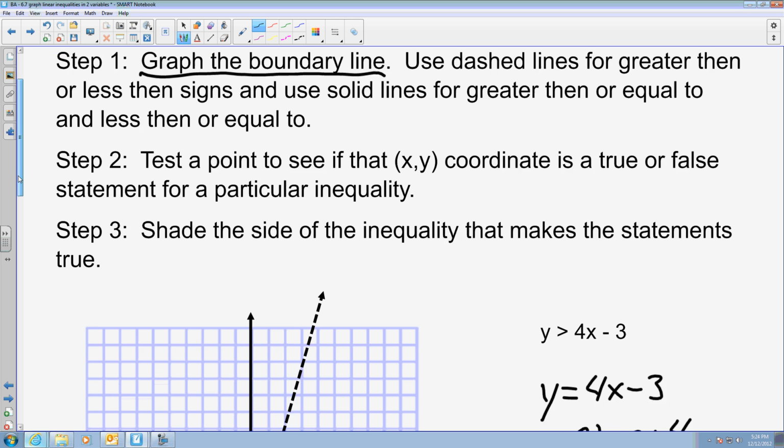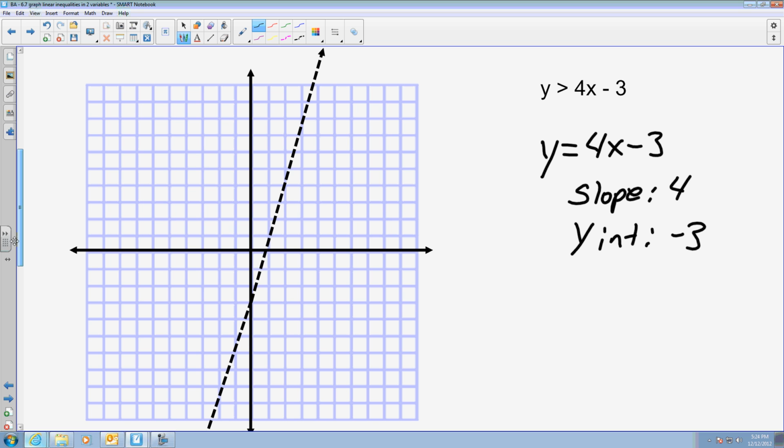So if we look at this one here, it is just a greater than, so we're using dashed lines. As you can see, these are dashed, and my y-intercept is at negative 3, and I have a slope of 4 over 1. So that's where our graph comes in.